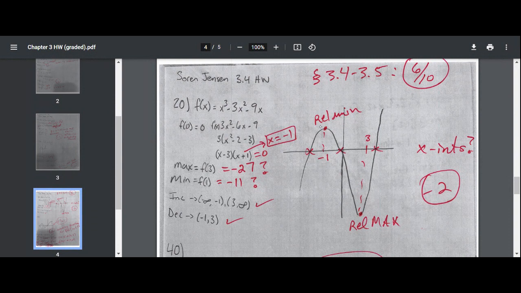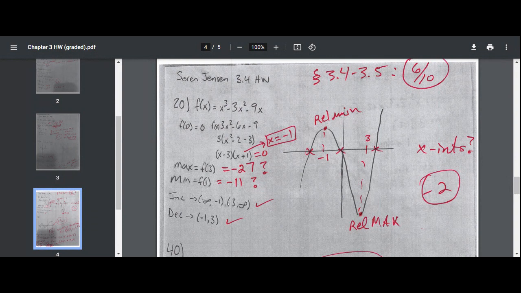If your graph goes from increasing to decreasing, you have a relative max. So these are wrong. It's not a min, so make sure you cross that out. It's actually a max. And if you go from decreasing to increasing, it's a relative minimum.